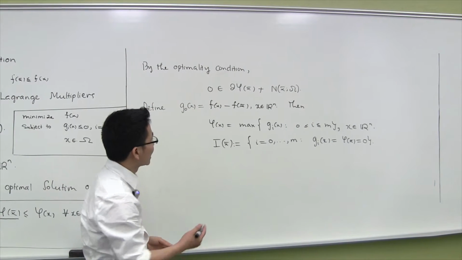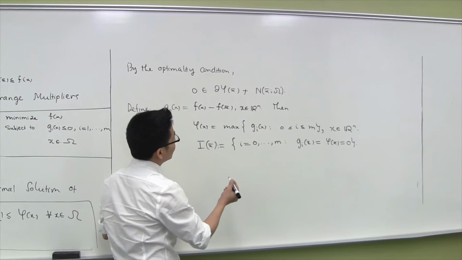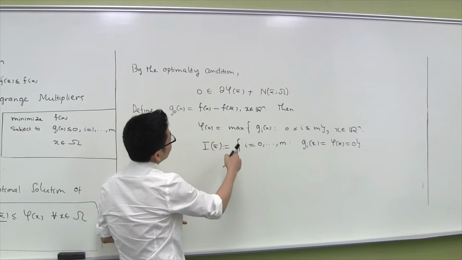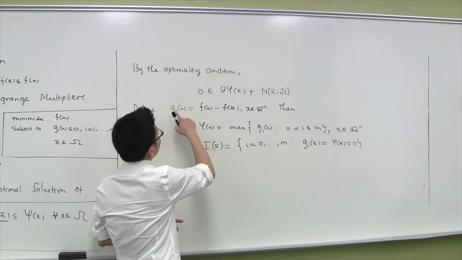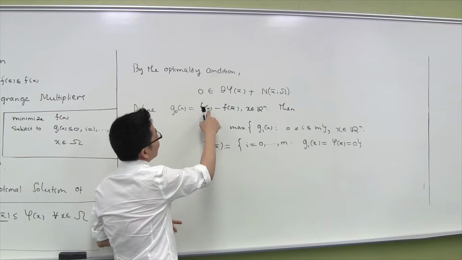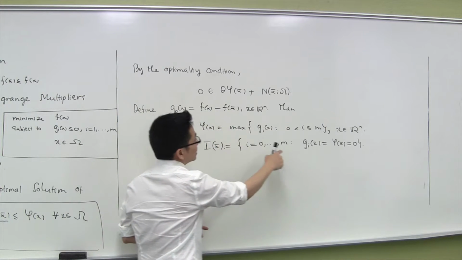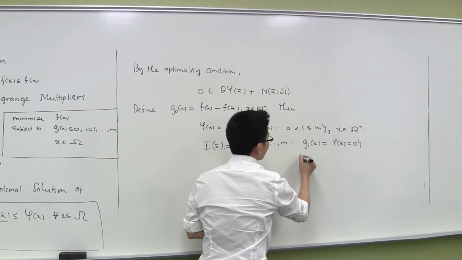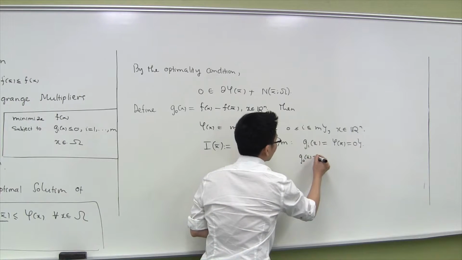Okay, so as we see, if i is equal to 0, then g_0 of x bar is f of x bar minus f of x bar, which is equal to 0. That means g_0 of x bar is always 0.